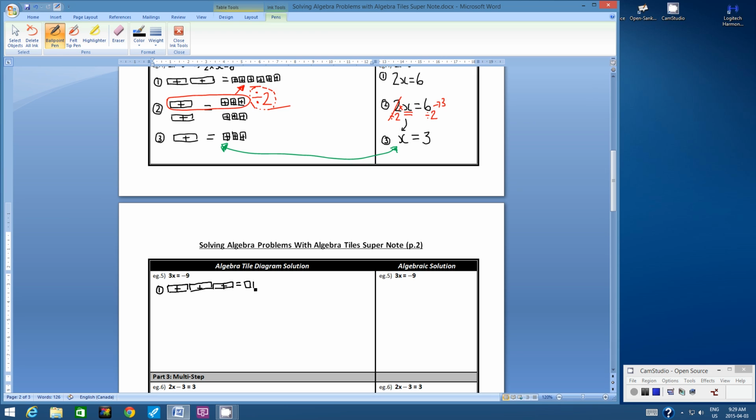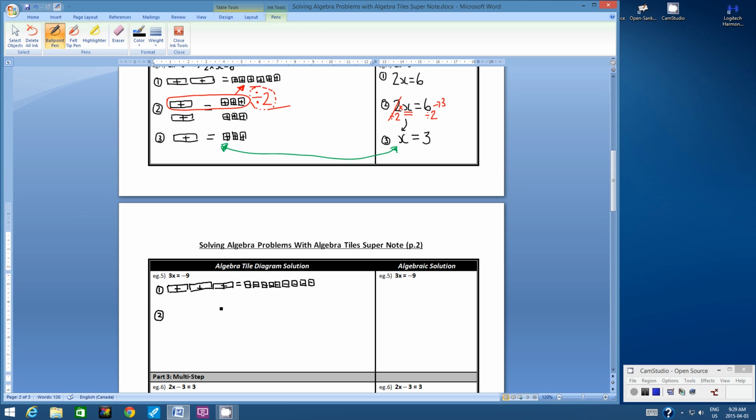We have 1, 2, 3. All right, so there's diagram 1. We simply draw the question.